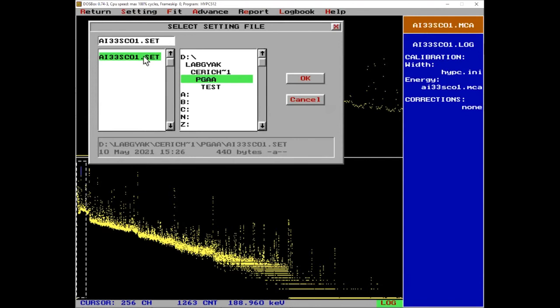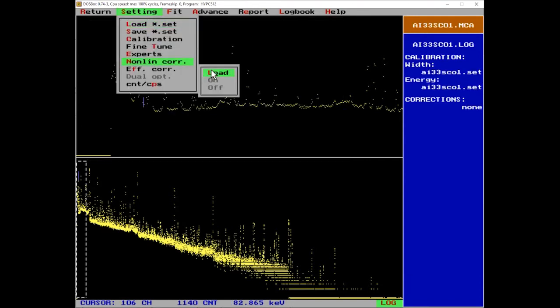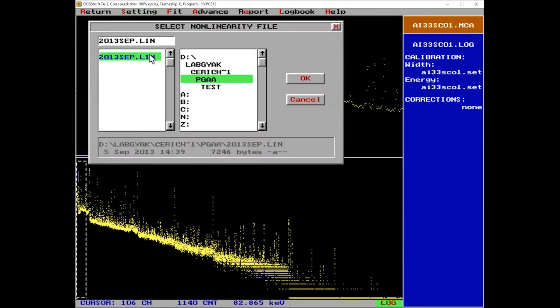I load the energy calibration. I load the nonlinearity correction. So nonlinearity, as I mentioned, is a small correction to the linear channel number energy correspondence, which is characteristic to the data acquisition system, and it's rather constant in time, so it can be corrected for.